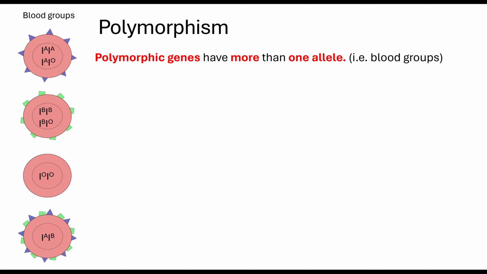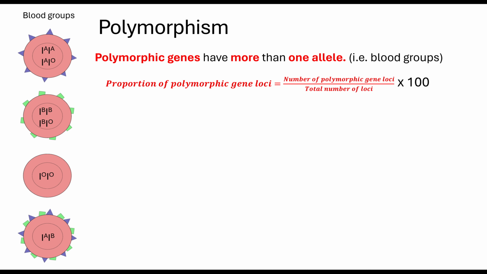If we have polymorphic genes where there is more than one allele, what we then do is look at the proportion of polymorphic gene loci. How we do this is we take the number of polymorphic gene loci and we divide that by the total number of loci. Remember, loci means position on the chromosome.